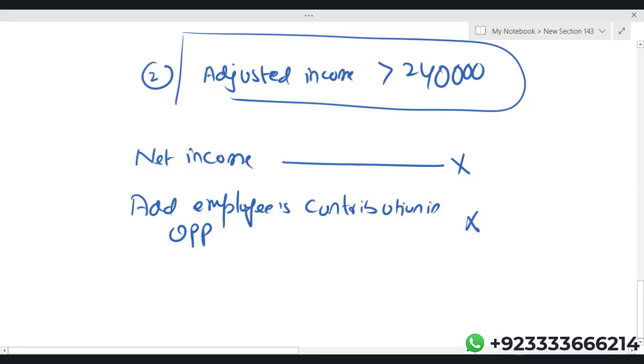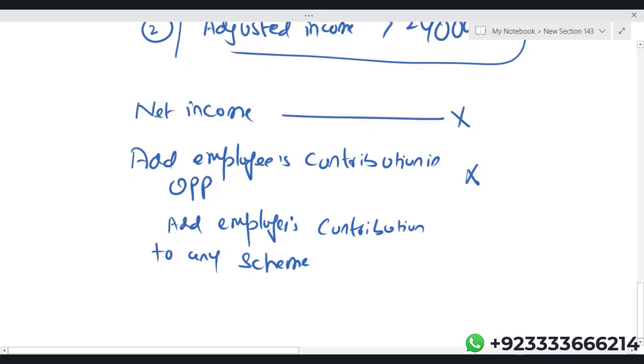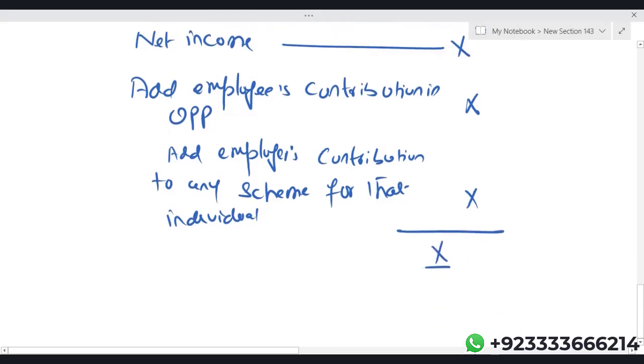If the employer is contributing in an occupational pension plan or in a PPC for the employee, add the employer's contribution to any scheme for the individual for whom we are solving the question. So the final answer is adjusted income. The name is adjusted income.